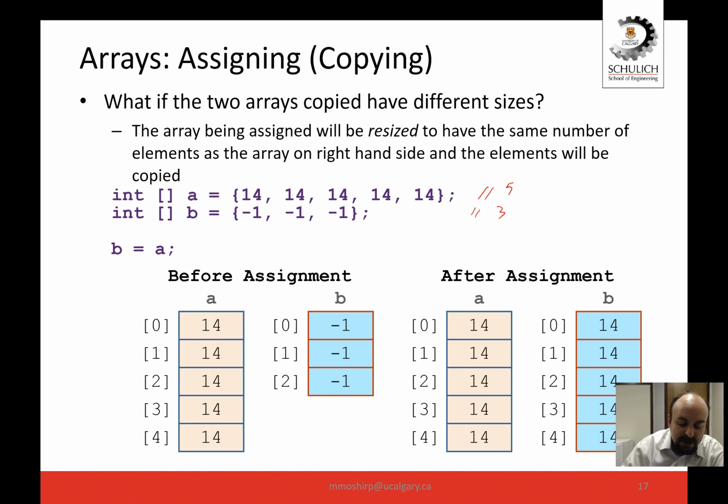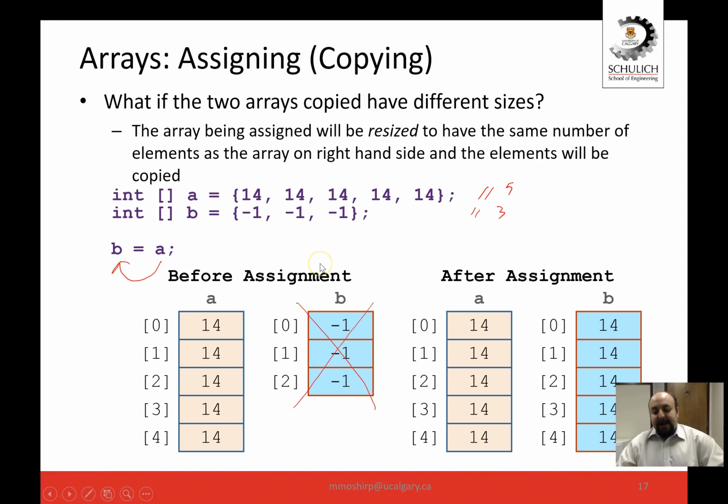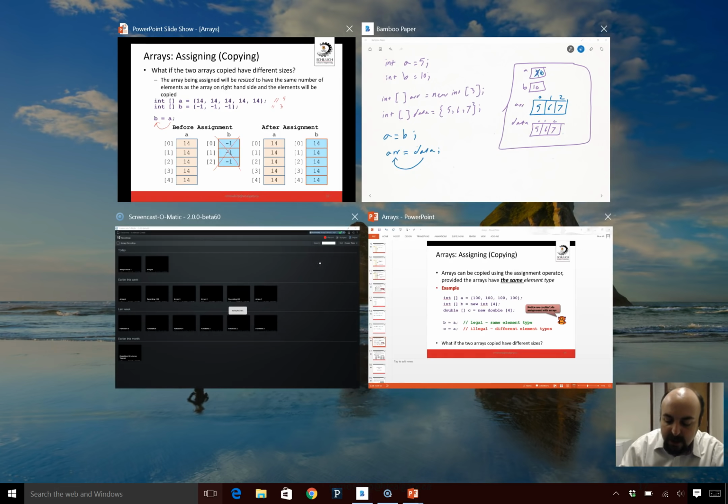So the old b is going to disappear because you're copying over it, and it's going to have more cells, and the cells are going to be exactly the same as a.